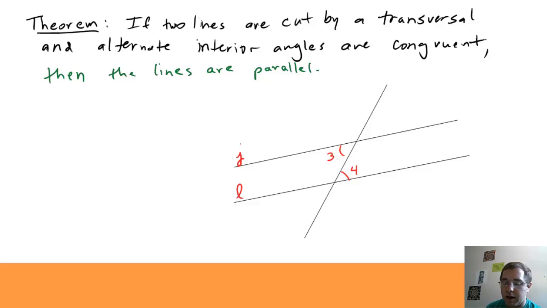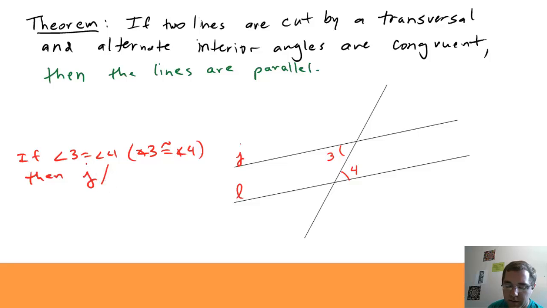So in the case of this diagram, that would say if angle 3 equals angle 4, which is another way of saying angle 3 is congruent to angle 4, then line J is parallel to line L. If we want a shortened way to write this theorem, we could say alternate (ALT.) interior (INT.) angles congruent implies parallel lines.